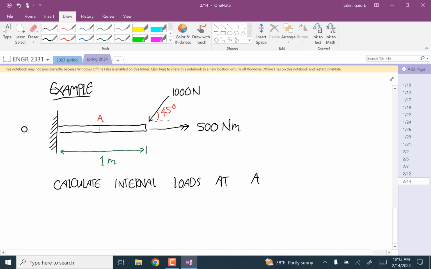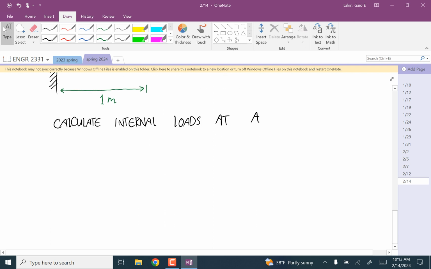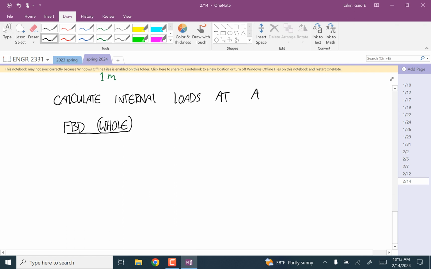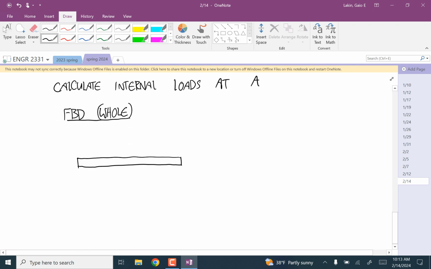And so the first thing I'm going to do is calculate the external loads that are applied by the wall. So let's think of what that looks like. You have the 1,000 Newton force here.